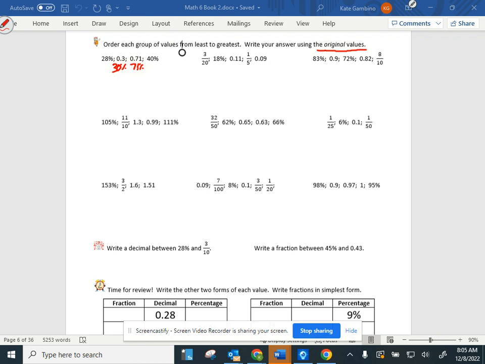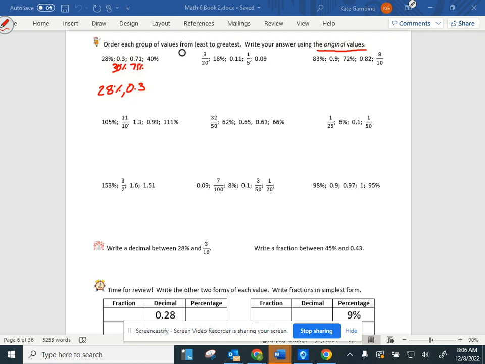So if I look at this, what is my smallest value? Riziki. 28%. So I would write that first. What is my next smallest value, Bennett? 3/10. I like how you said it as the original value because that's what we have to write. We're not going to write 30%.